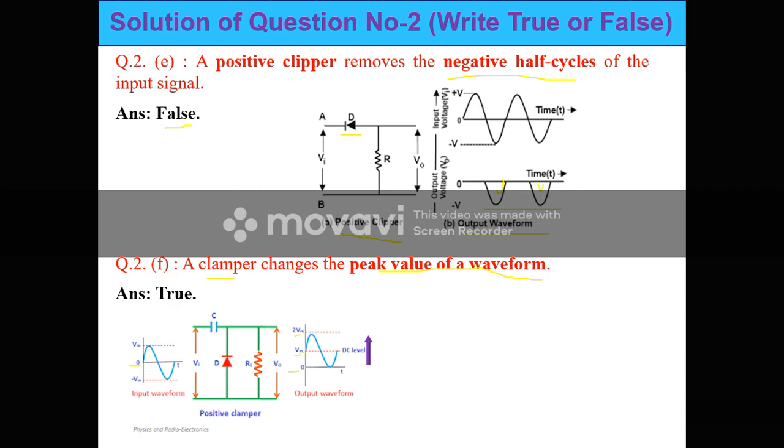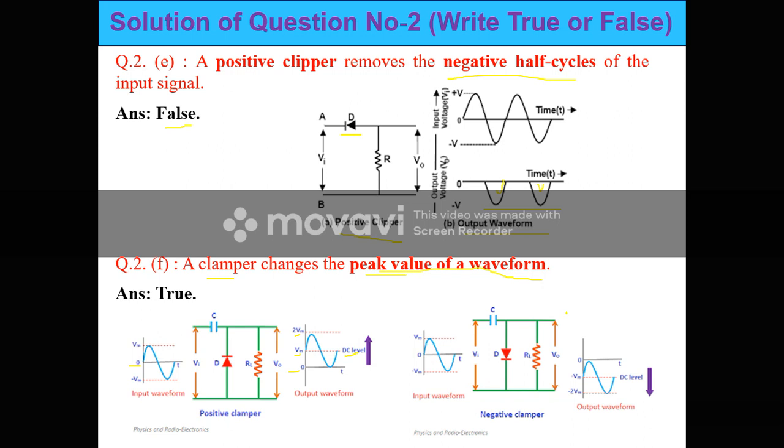It goes from Vm to 2Vm, so the DC level, that means the peak values, will change. Again, in the case of negative, the same thing happens. It starts from 0 to minus Vm to minus 2Vm. So the DC level will decrease here, and here the DC level will increase.